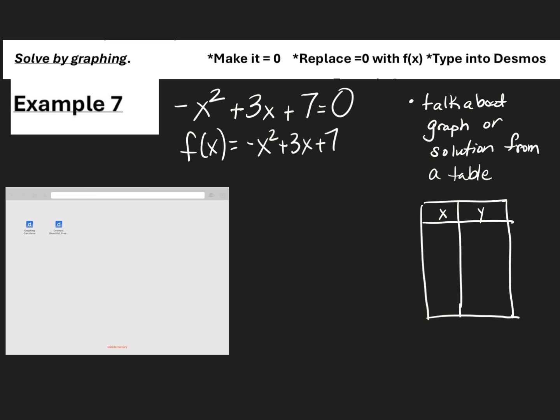And you're welcome to go ahead and find the solutions. And we know Desmos gives us the exact solutions. We don't have to worry about estimating. But I'm going to type this in and write down part of a table so you can see what happens and you can know what happens in case you encounter a problem like that.